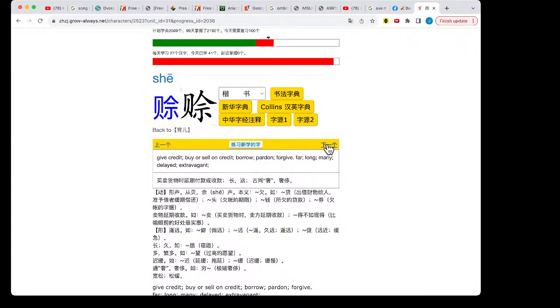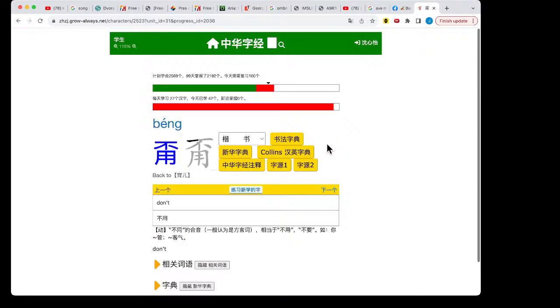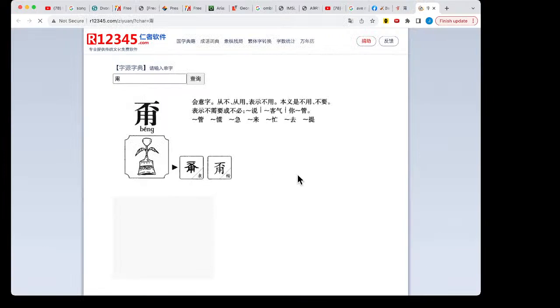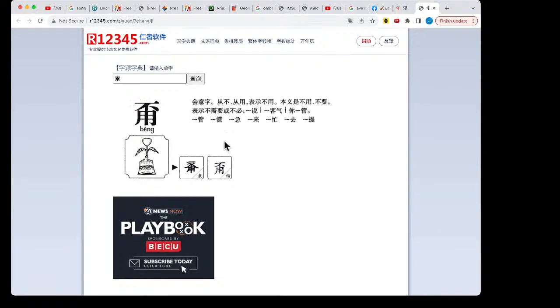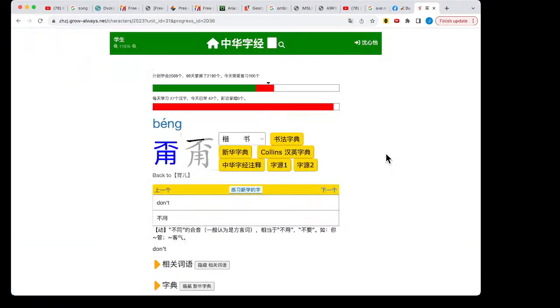Next one. 本 is do not. Okay, do not. So this one is very easy. It basically is 不用, 不用 but put together, do not use.